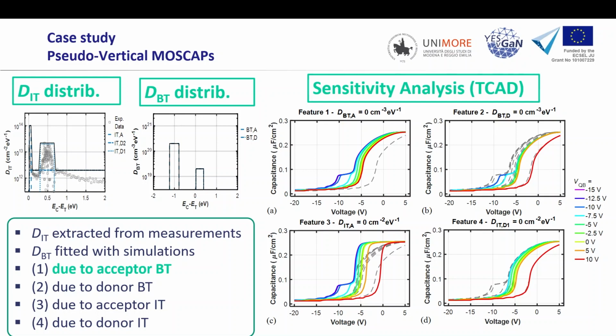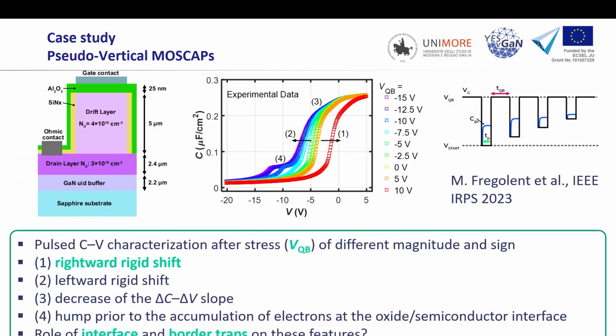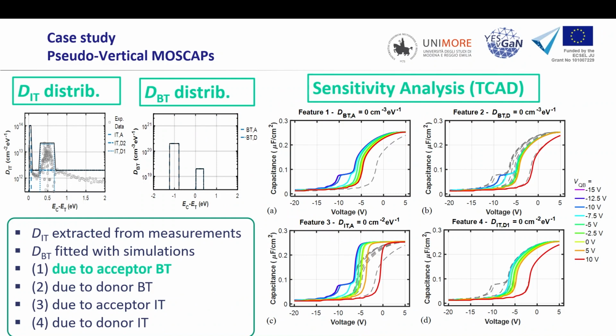We thought that it would be nice to see that different components, of course these are boxes and simplified distributions to reproduce the experimental data, but they were good enough to see this difference: by turning off each of the distributions at a time, meaning you set the concentration to 0, you can see that different features were not reproduced. For example, here you did not have the forward shift of the CV, because basically the acceptor traps in the oxide were not there, so you did not see this kind of effect.